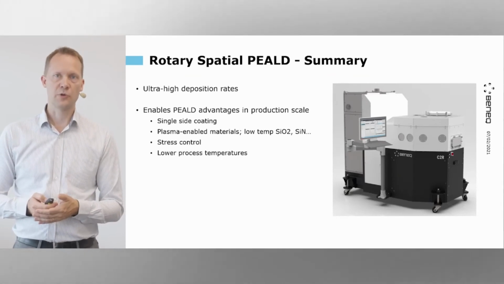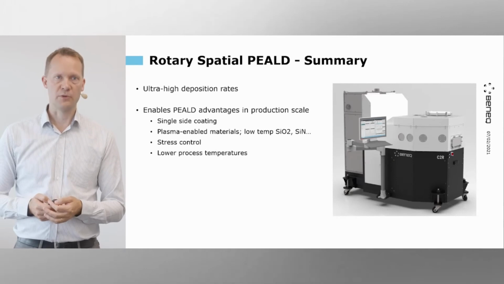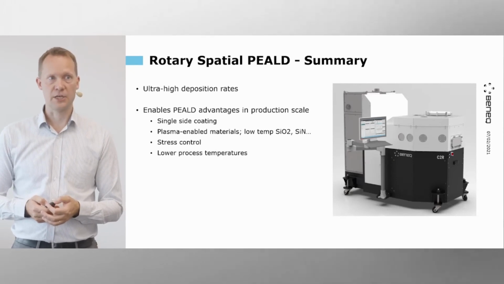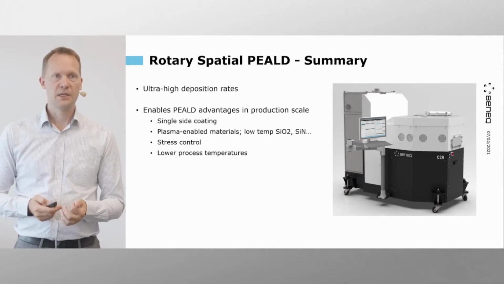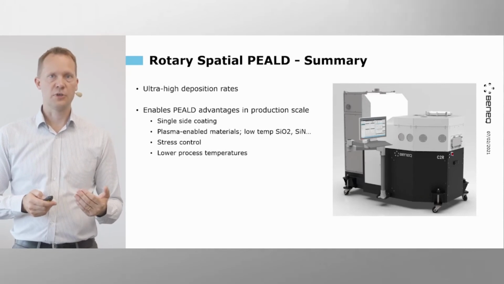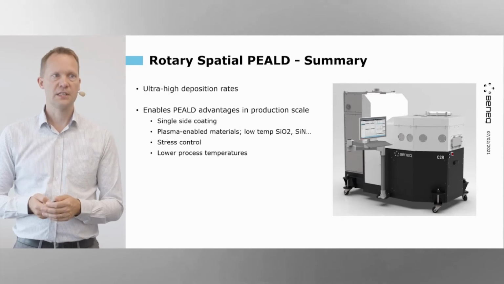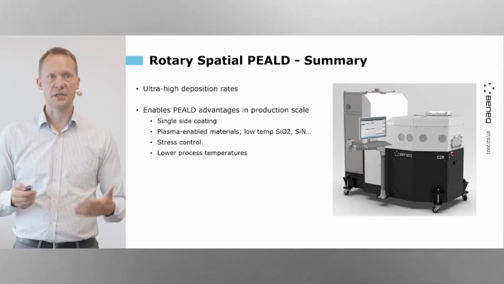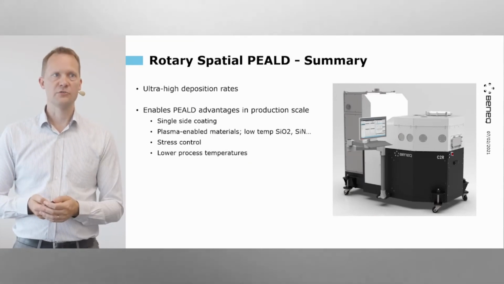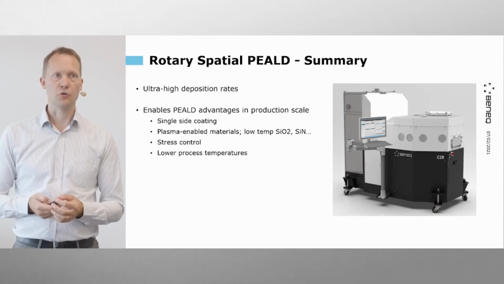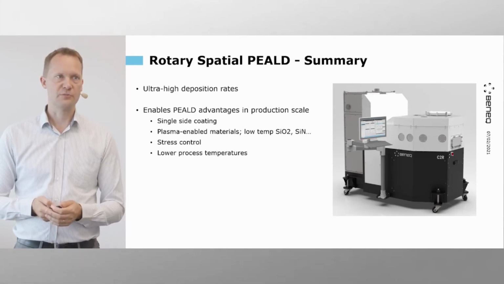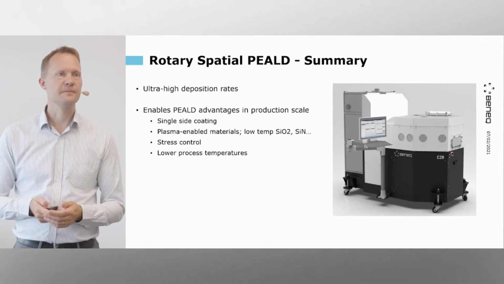Also it allows lower temperatures to be used for important materials like silicon dioxide, as an example. Plasma also gives us the possibility to control the film stress better than the thermal process, and these are the main reasons for anybody to consider using the rotary spatial PALD process.